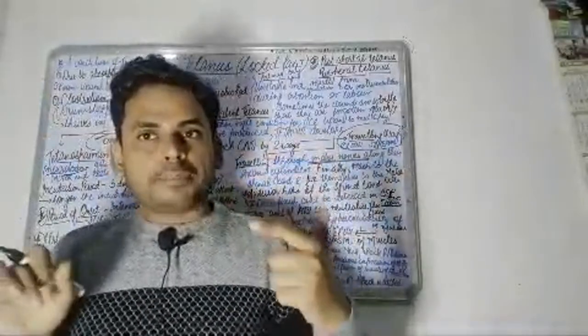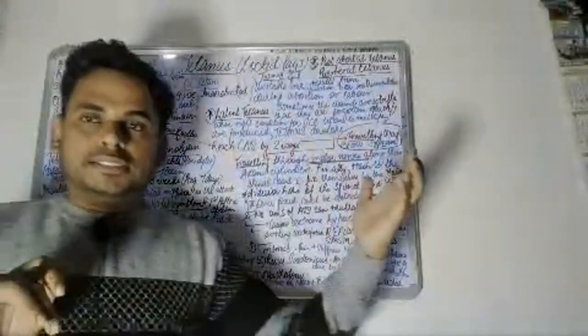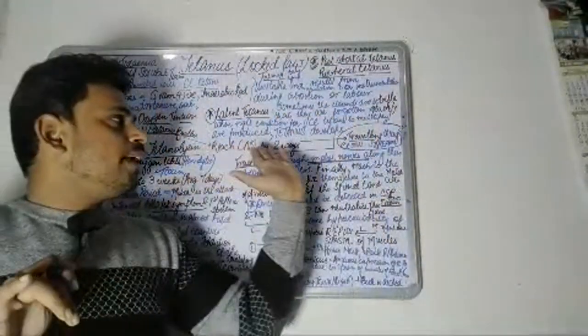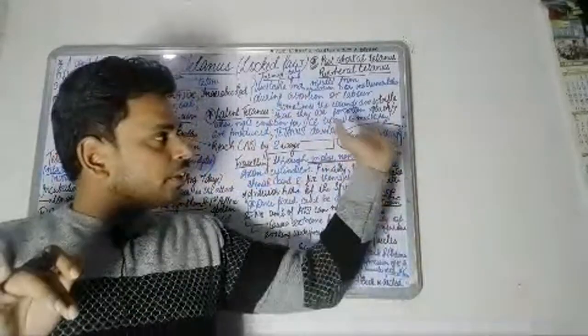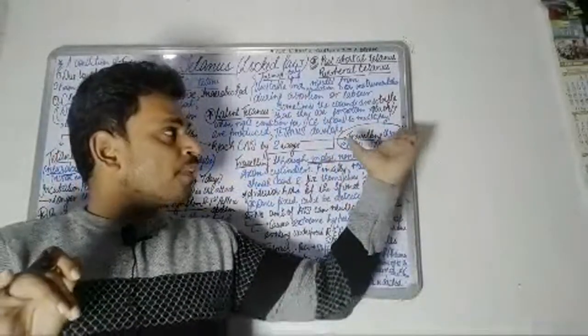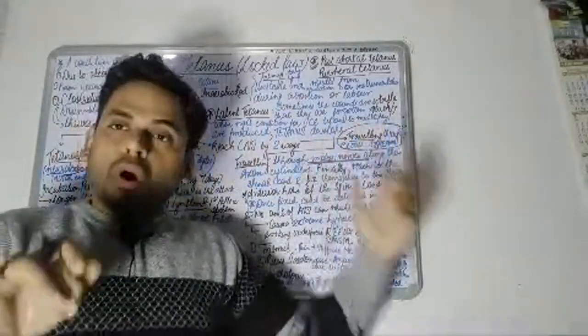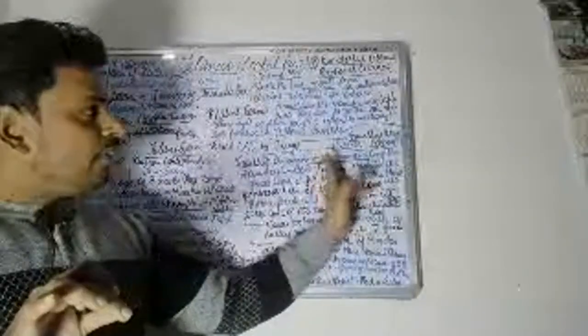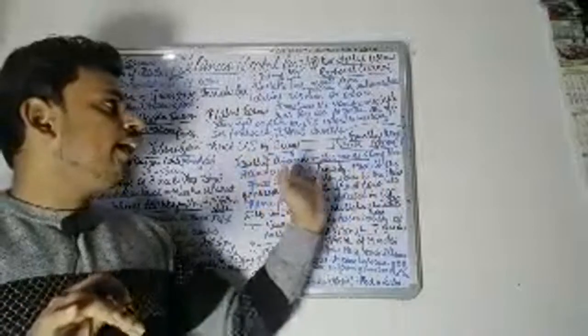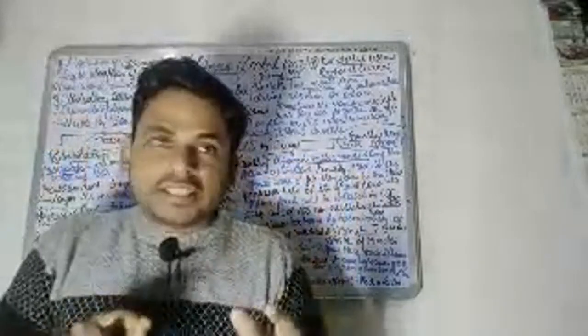So what is happening is that the toxins of this Clostridium tetani can reach through the bloodstream, or it can travel through the axon cylinders. So it can travel through the motor nerves along their axon cylinders, and finally they are going to reach the spinal cord.